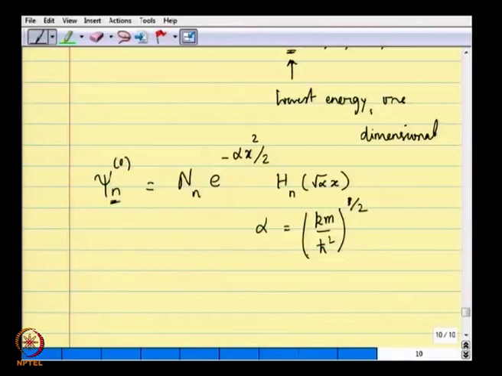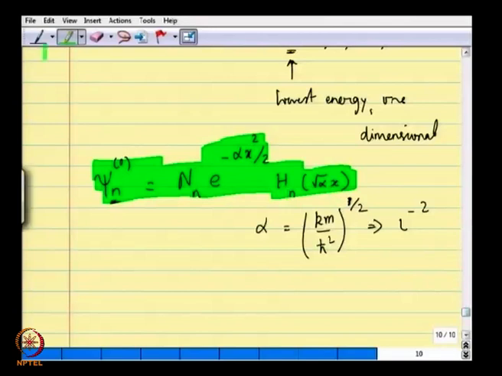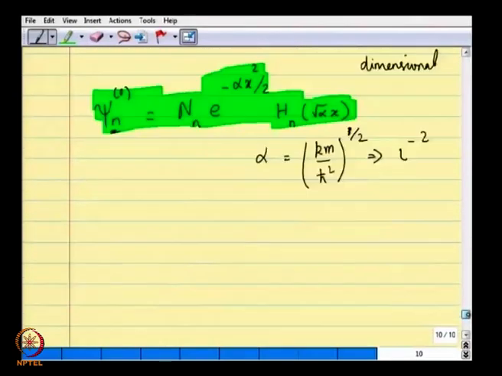Okay. So, this has the dimensions of L inverse 2, and these are the harmonic oscillator eigenfunctions. The general formulae and the expressions for the Hermite polynomials are given in all the textbooks.